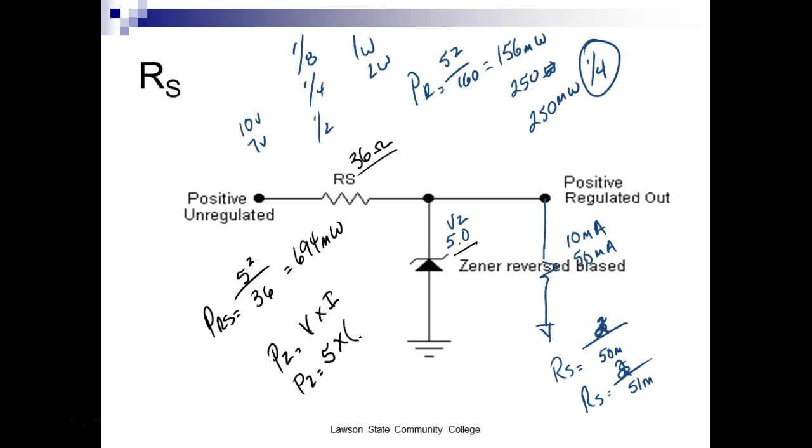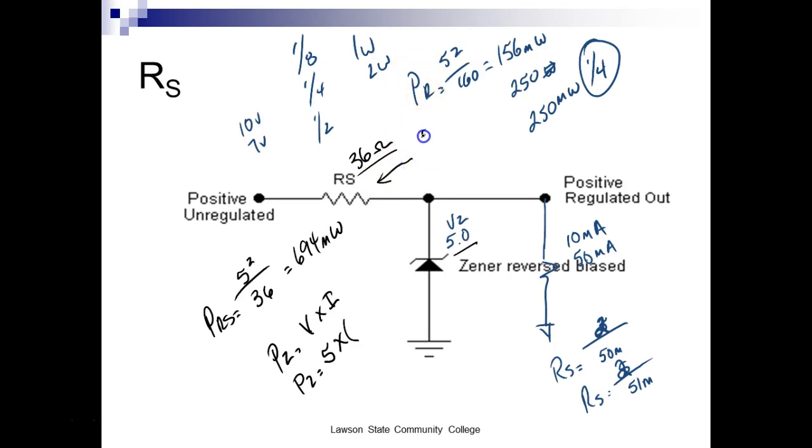So what would be the maximum current that would ever flow through the Zener? How'd you come up with that? So I'm going to calculate the maximum current flow in the circuit, and this is where we went wrong a while ago.